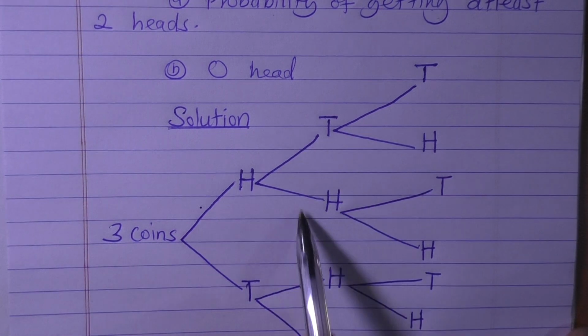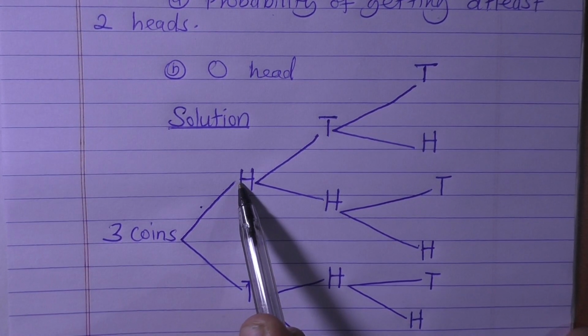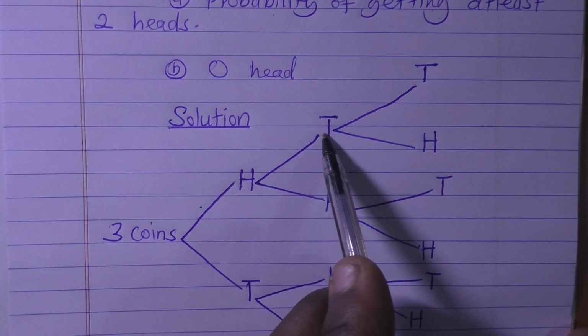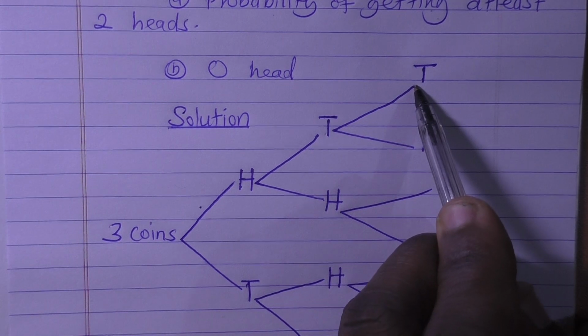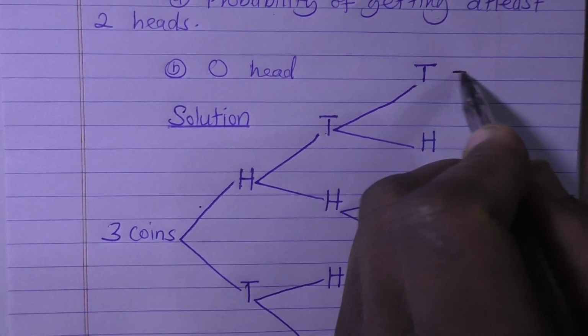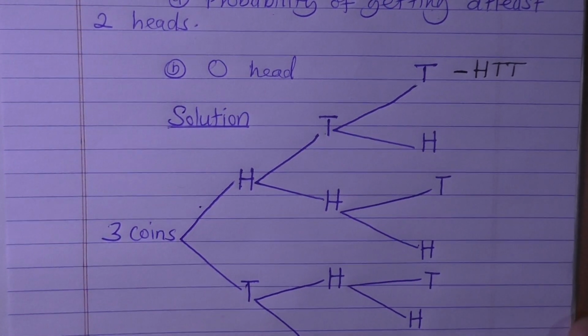This is the first, the second, and the third. So we can have a head in the first, a tail in the second, and a tail in the third. So that will give us the outcomes as head, tail, tail.